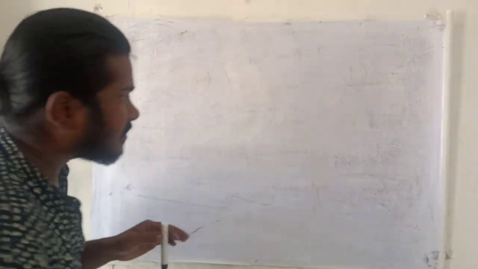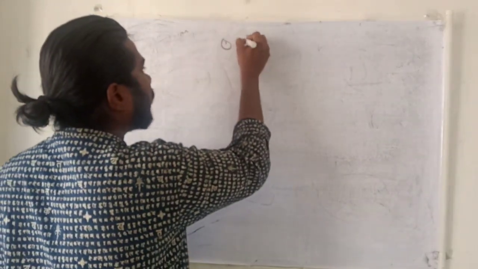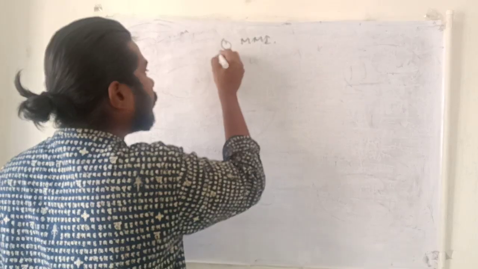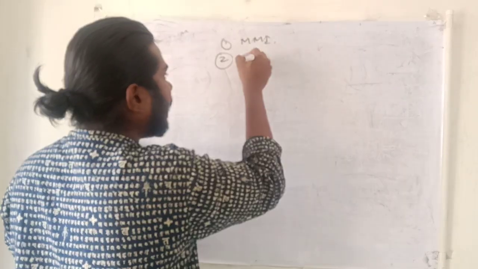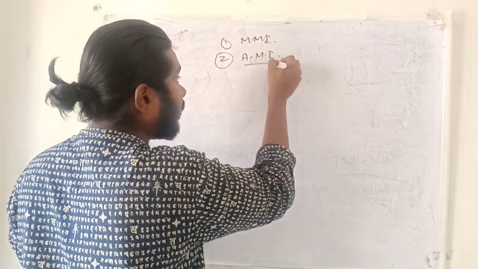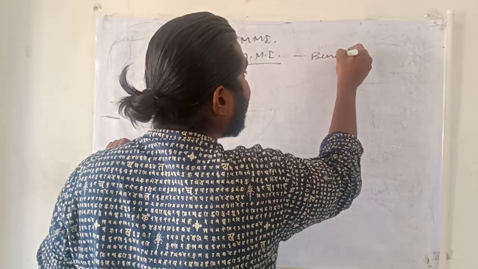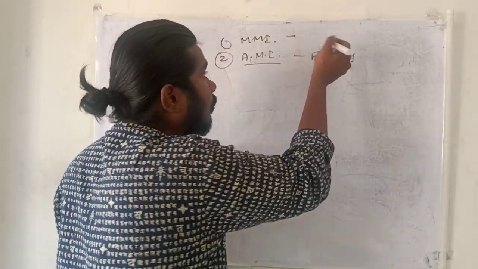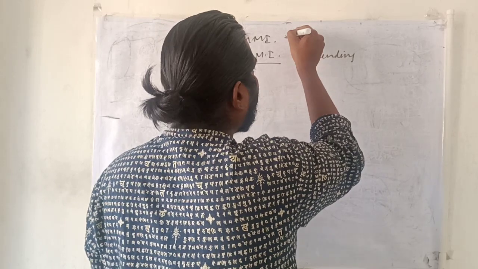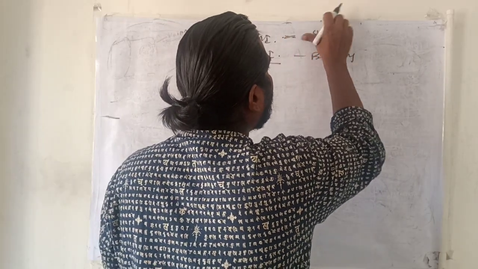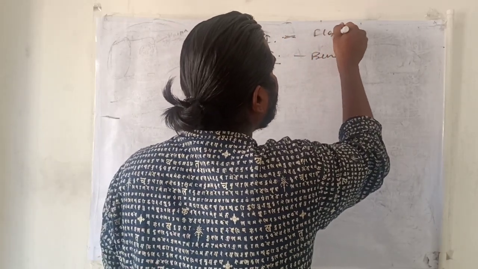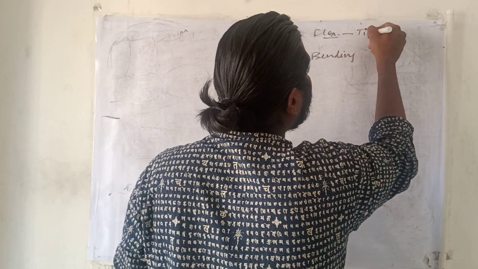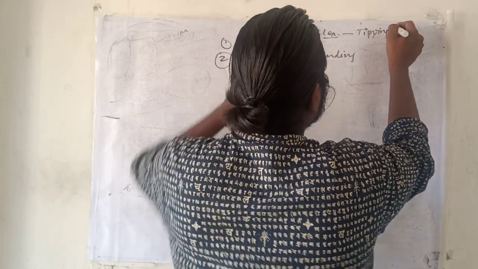Now, while designing the chassis frame structure, again I will repeat it. First, we have to calculate the moment of inertia: mass moment of inertia, then area moment of inertia, which has a very high relevance with the bending and with the performance. We can take it for the tipping of the vehicle, not the flex.